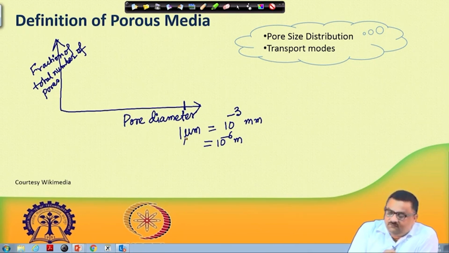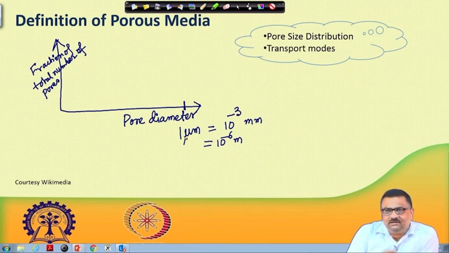For example, if we look at a sandpack or a sandstone, which we get from Mother Earth, where most of the oil is held up, and many a times you get water. So, these sandstones are so called porous rock.